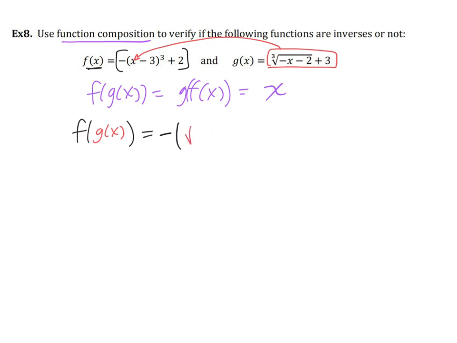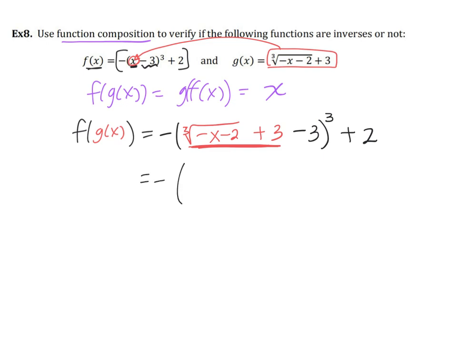So I get the cube root of negative x minus 2 plus 3. That just all went in for this x here. So I have this part minus 3, and then that is cubed, and then plus 2. So I took this g of x function and put it in for the x right here. Now I need to simplify. Well, minus 3 plus 3 cancels.